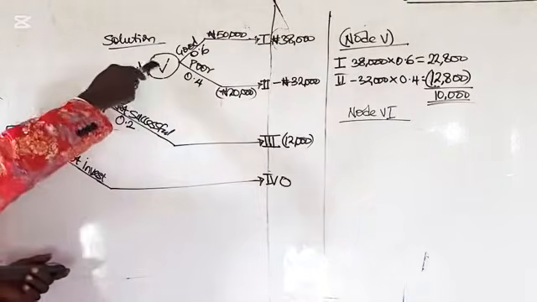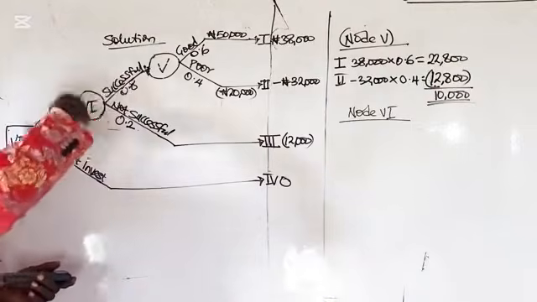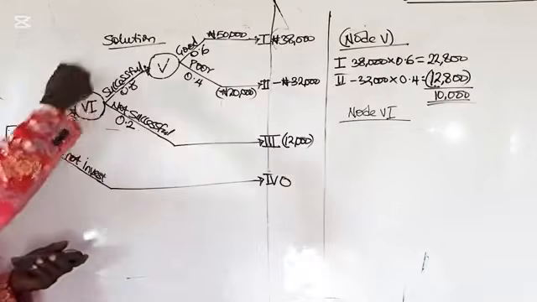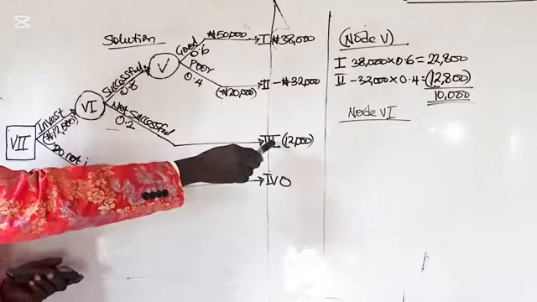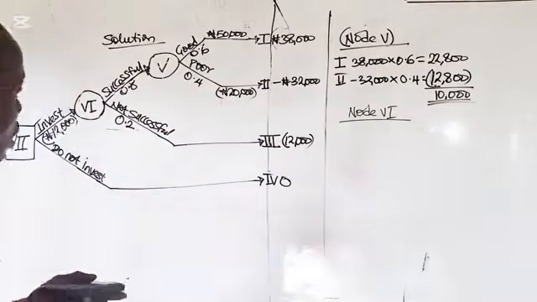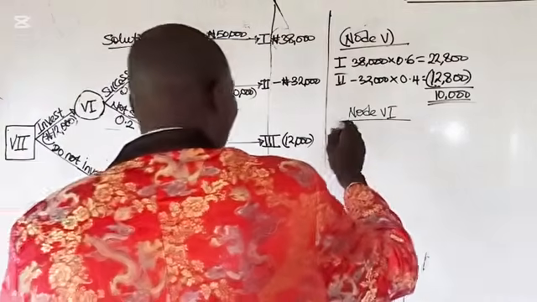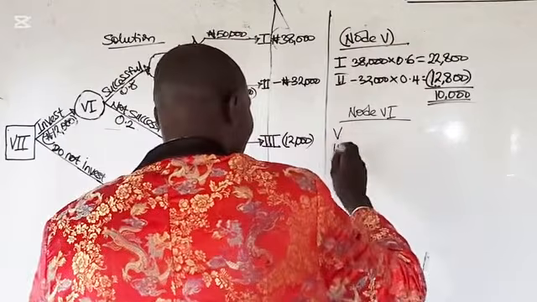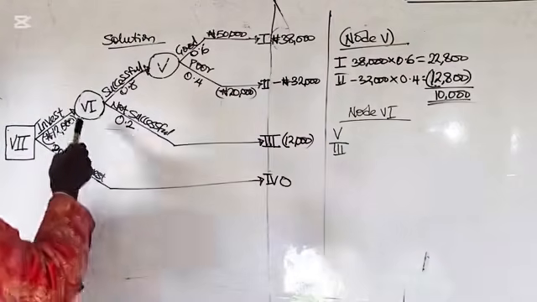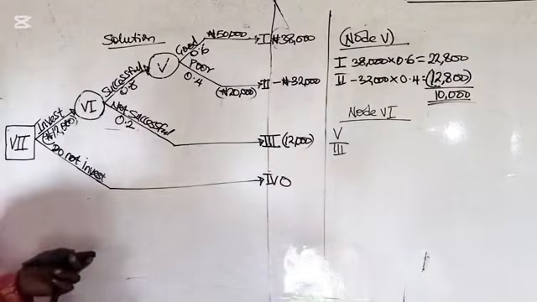Taking a backward pass, you can travel from 5 to 6, and you can also take 3 to 6. Those are the two possible routes you can take if you want to travel to node 6.